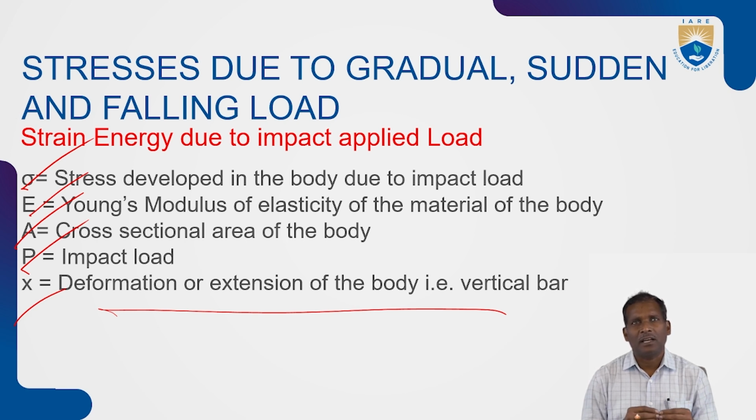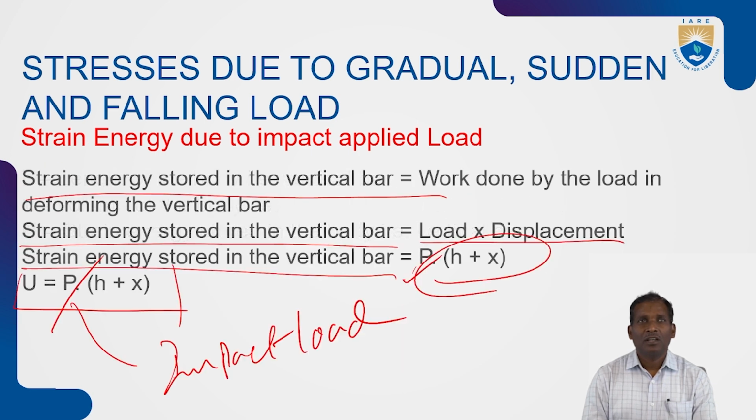But in this, whatever work done by the body to deform, that work done is stored in the body as strain energy. So that is the concept of strain energy. The strain energy in the body is equal to the work done by the body to deformation. So that is nothing but the strain energy in the body is equal to the area of the body.